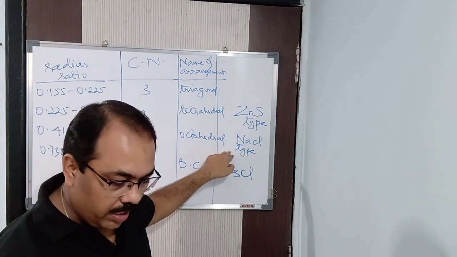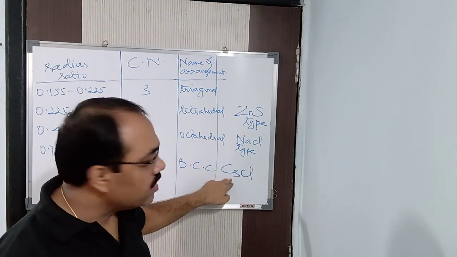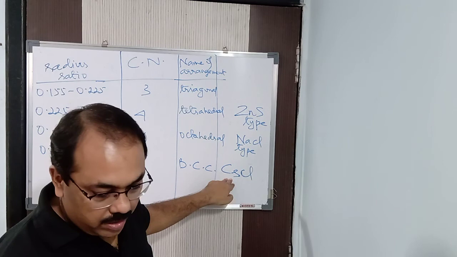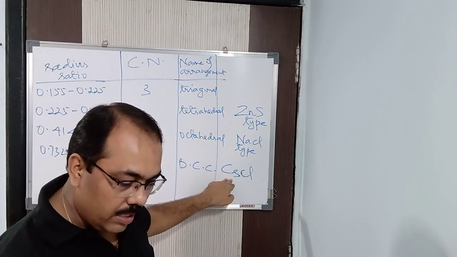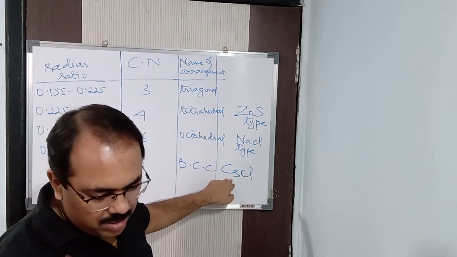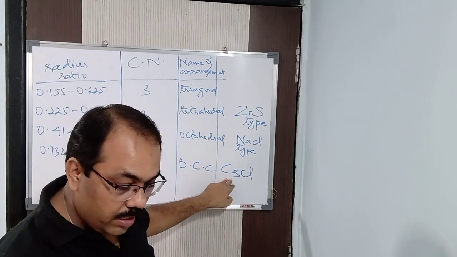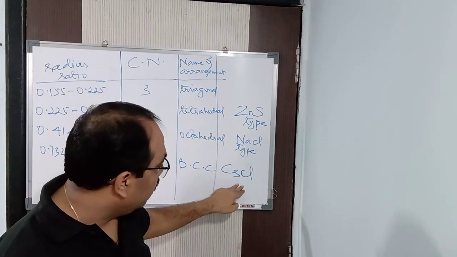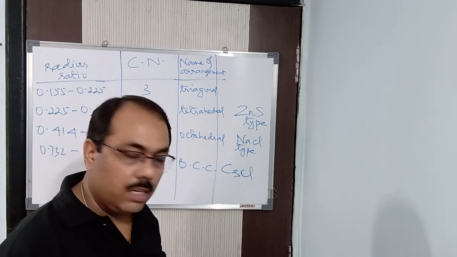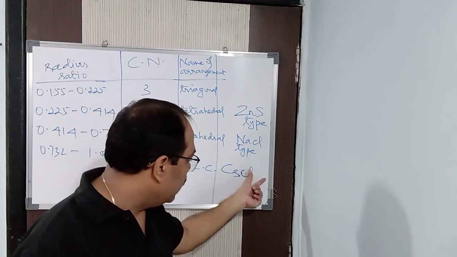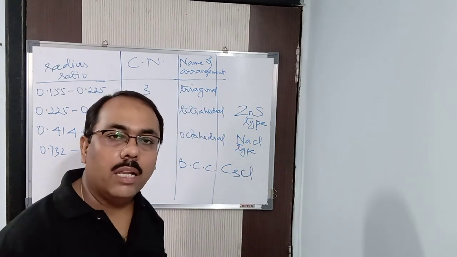These are the compounds you will get. In CsCl type, you will get CsI, sorry, I said copper, it is cesium: CsI, CsBr, TlBr and TlCl.